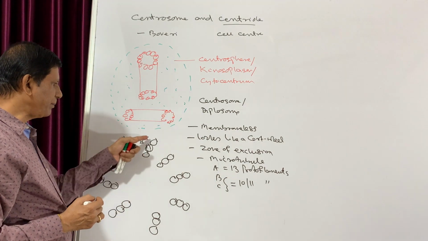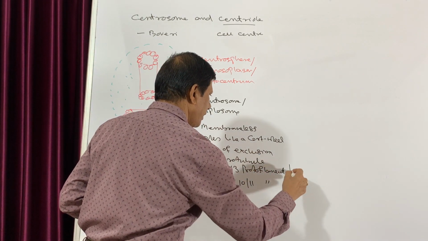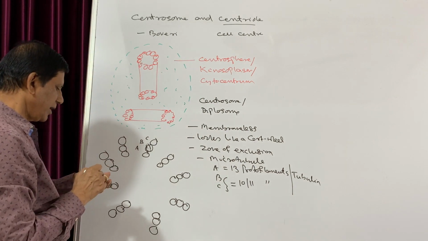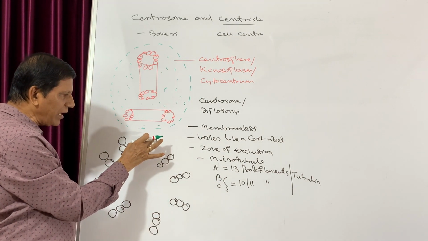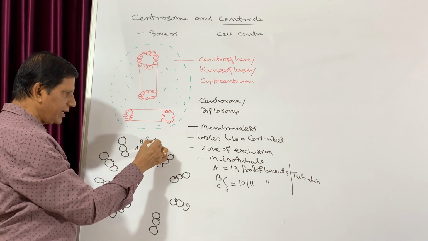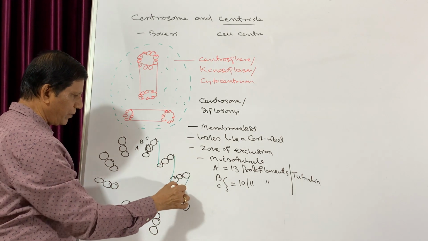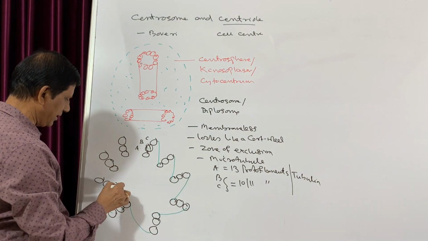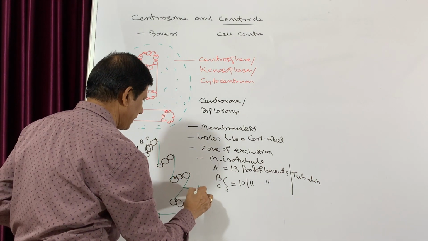Now, all these triplets, they are made up of protein tubulin. Now, again, the C of one peripheral triplet is connected with the A of another by means of linkers. Likewise, these are the linkers.